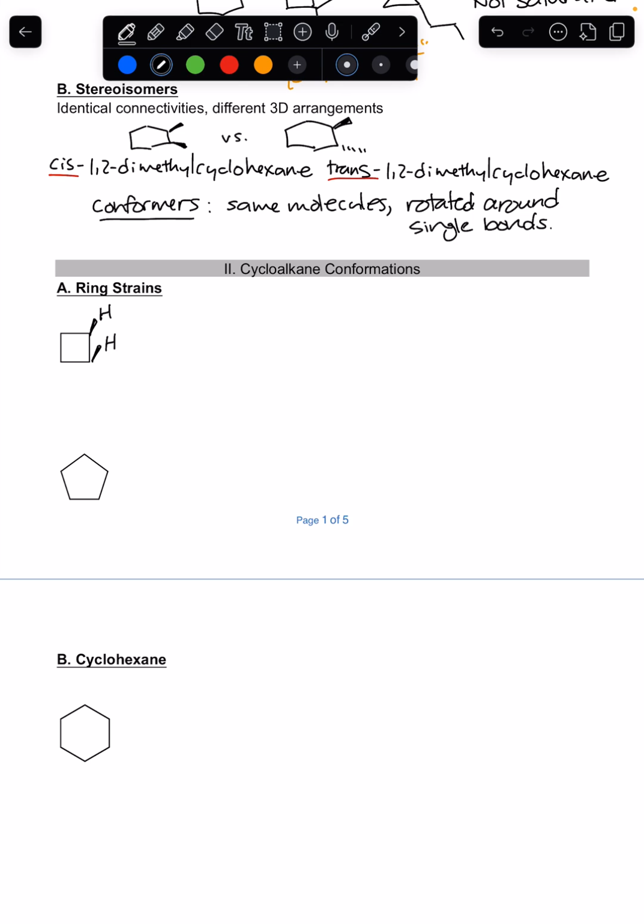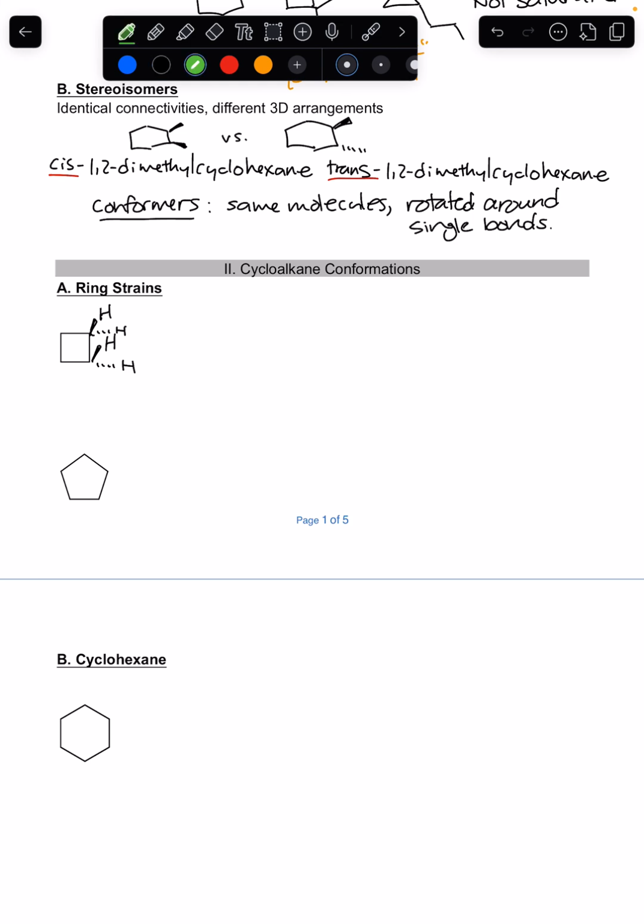And as you can imagine, cyclobutane, this would be a cyclobutane because it's a butane, but it's cyclic. This would experience two different types, well, maybe you could argue for three different types of strains.